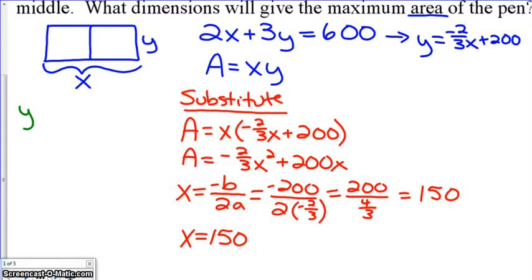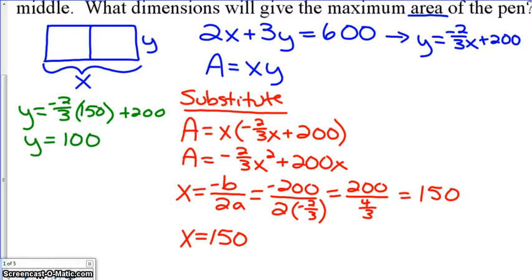So now y equals negative 2/3 times 150 plus 200. So y has a value of 100.